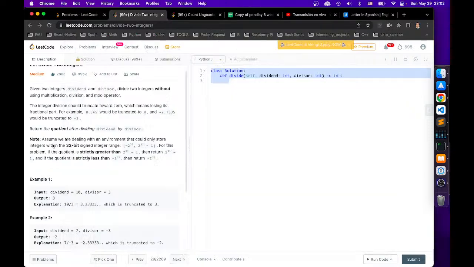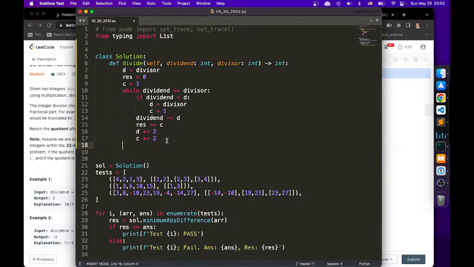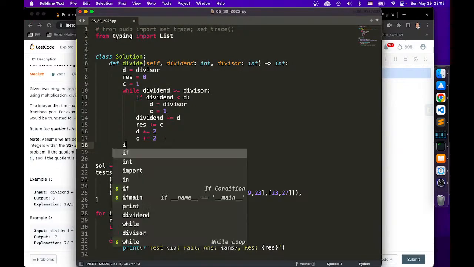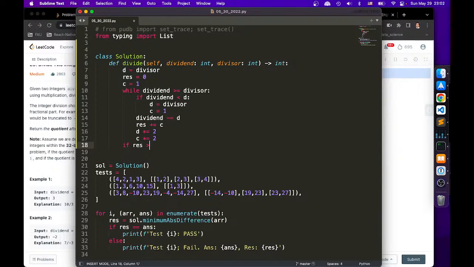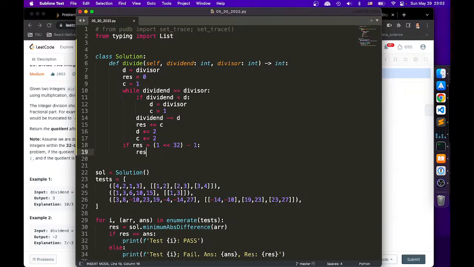And then we have these concerns. Say if result is larger than 2 to the 31st minus 1, which I think we can say 1 left shift 32 minus 1, then res equal to 1 left shift 32 minus 1.